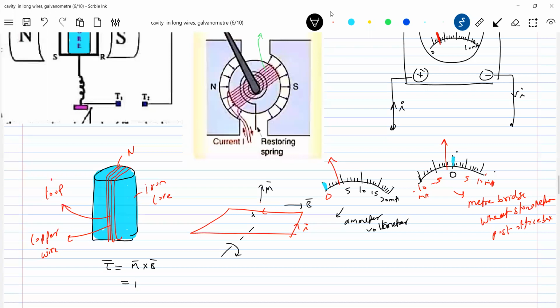What is M? N I A. What is N? N is the number of turns. I'm not showing the number of turns here. Into this is B sine theta.